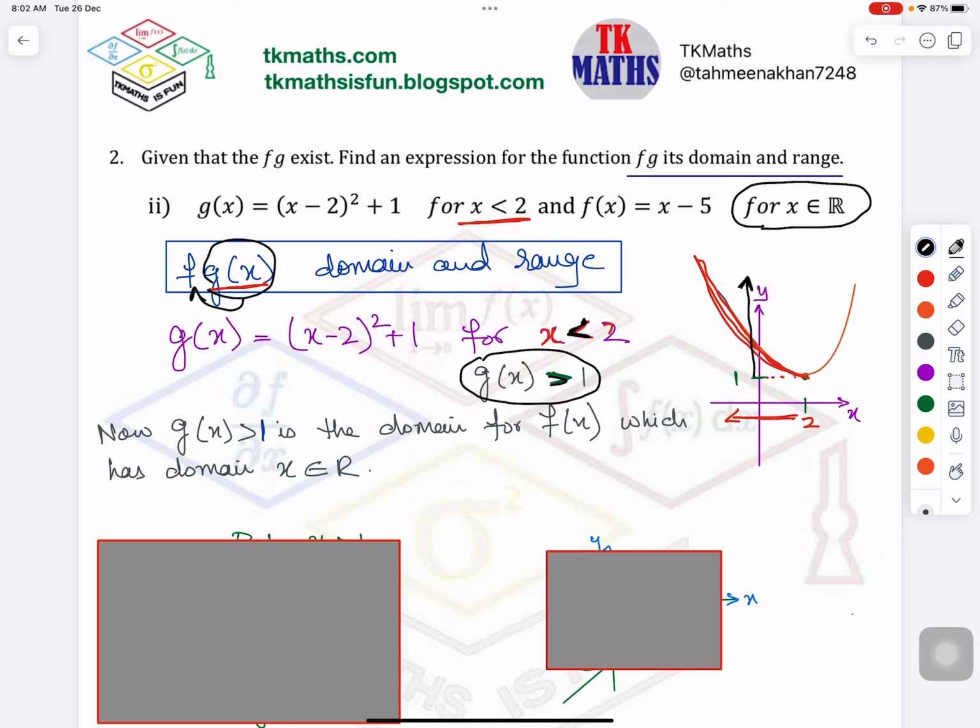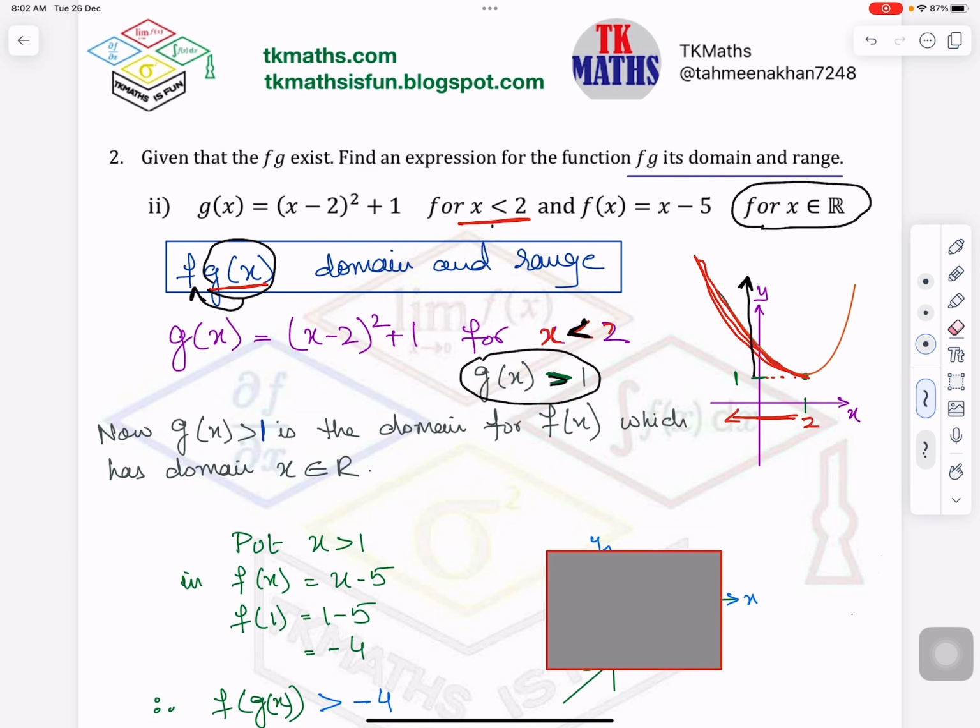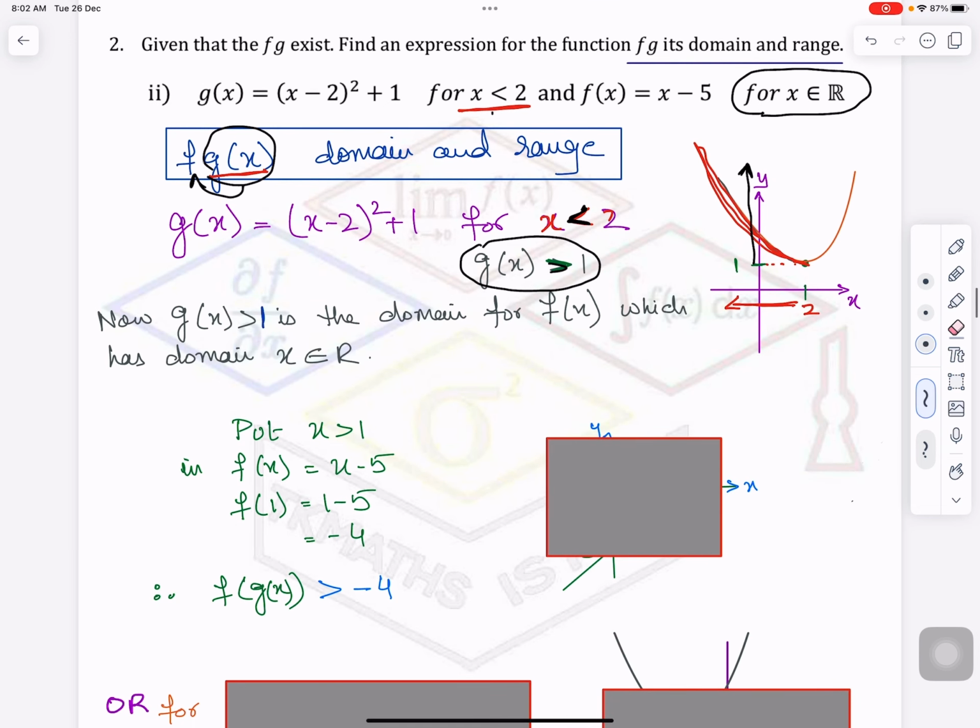So let's find out now the range of the composite function. What is the domain, by the way? Domain of the composite function will be x less than 2, right? We have seen that the domain of the composite function is the same as the domain of the first function or lies inside it.